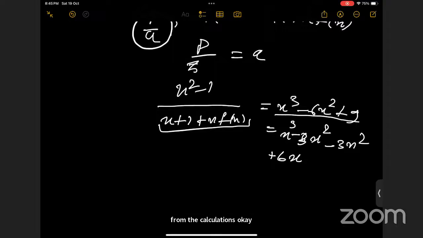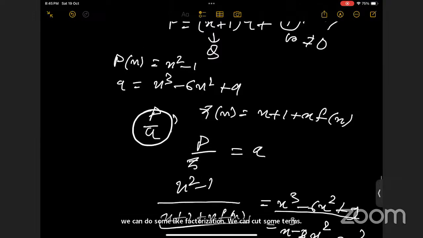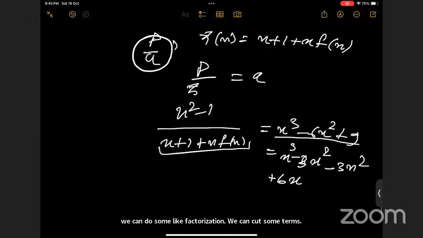I don't know what the question was. If this was the question, then we can do some factorization. We can cut some terms. But because I don't know what the question was, I am not trying it.